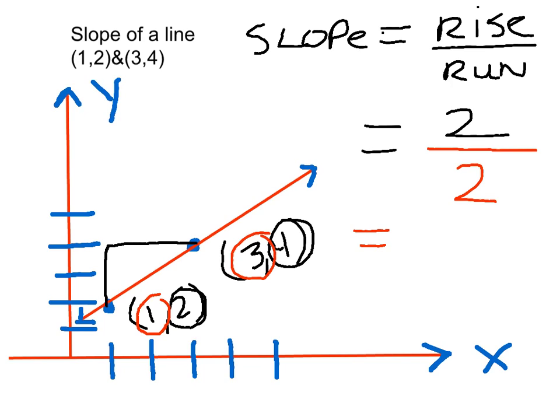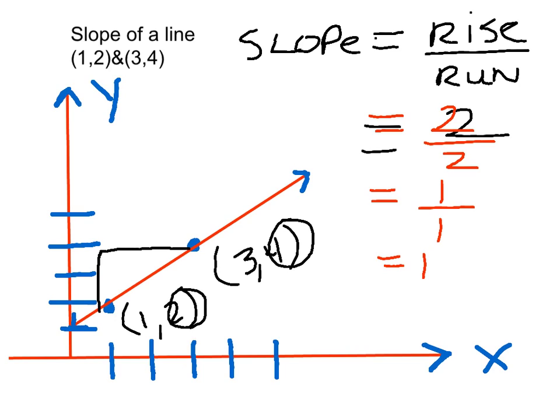So as you know, by simplifying rational expressions or simplifying fractions, 2 divided by 2 is equal to 1 over 1, and that equals 1.